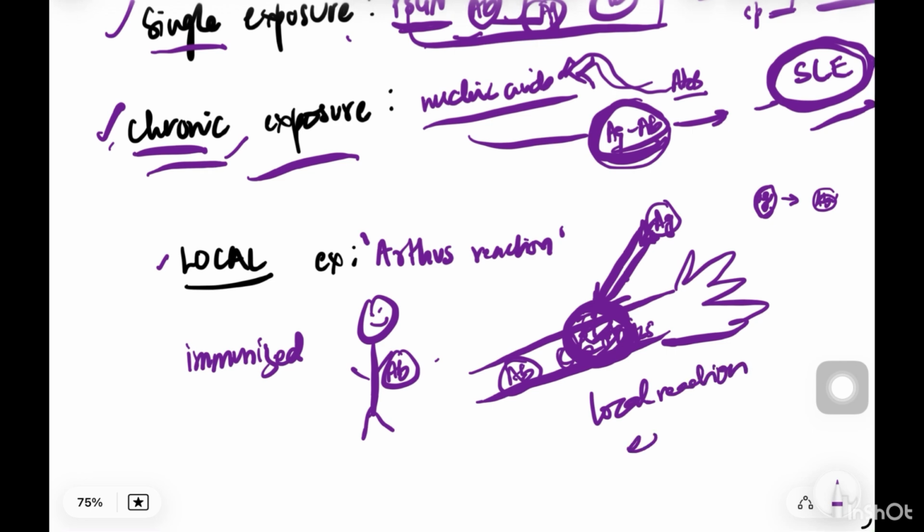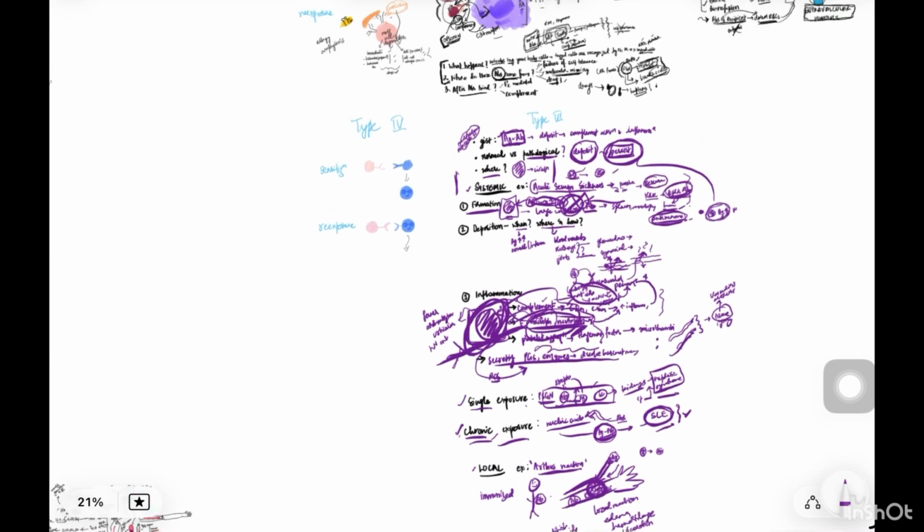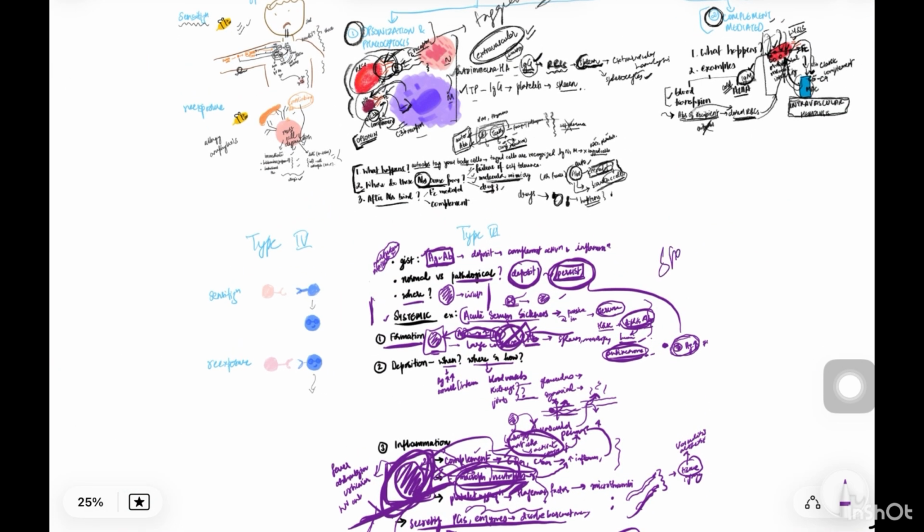What would you see? You would see edema, you would see pretty bad hemorrhage, and you could also see ulceration. This is also something the body usually resolves by itself unless it gets very severe, in which case you would give antihistamines and steroids. So, now on the whole, when we talk about hypersensitivity reactions, you see how we treat them with steroids, or antihistamines.